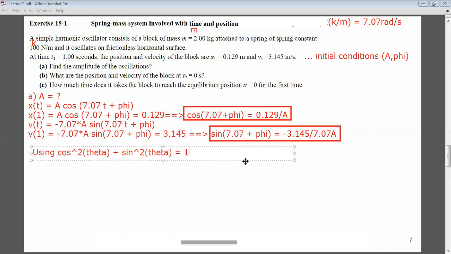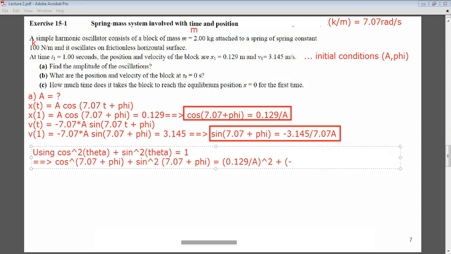Cosine square angle plus sine square angle is equal to 1, implies cosine square of 7.07 plus phi plus sine square of 7.07 plus phi is equal to, so the first one squared, 0.129 over A, squared, plus minus 3.145 divided by 7.07A, squared. This is equal to 1.